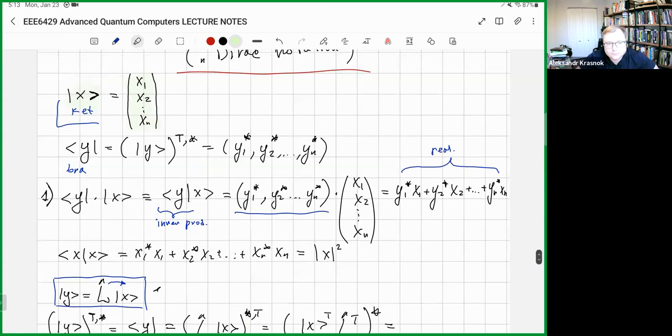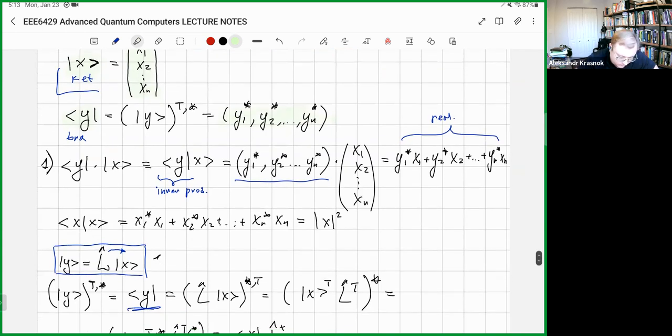The so-called dual vector, also known as the bra vector, is written this way. It is connected to its ket vector by transposition and complex conjugation. In contrast to the ket vector, the bra vector is a string of numbers like this.